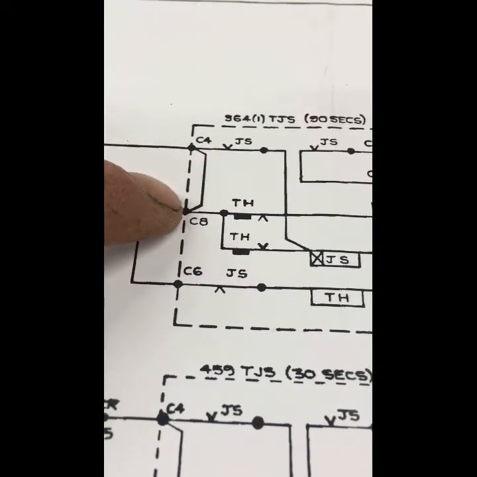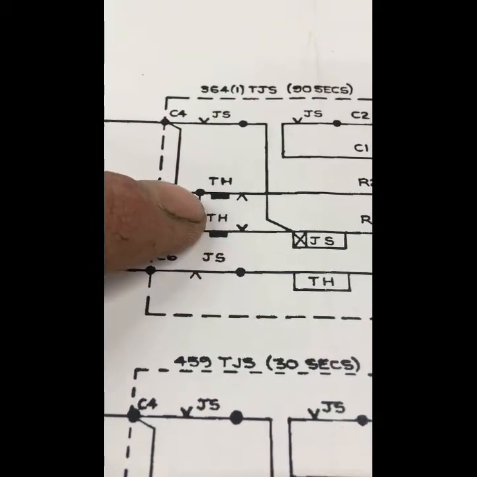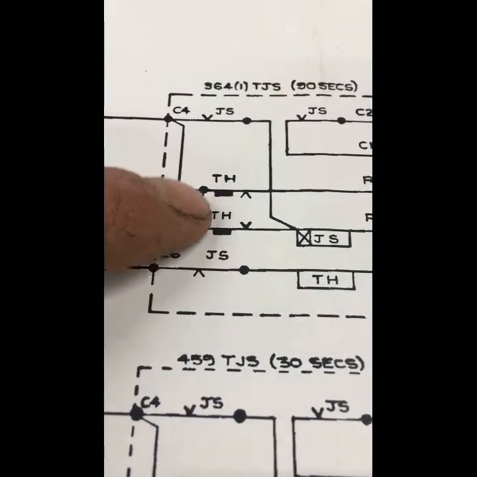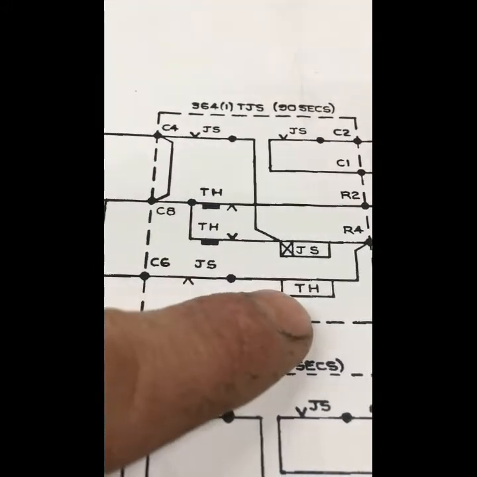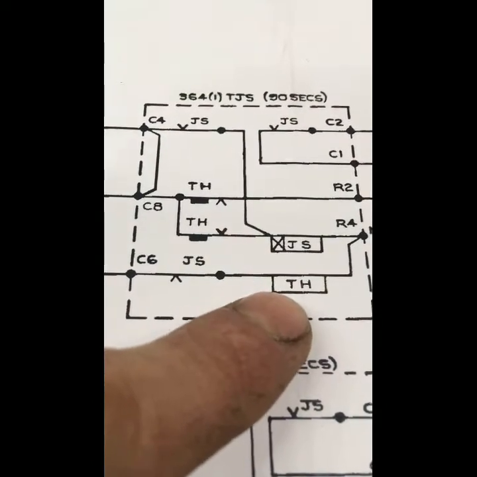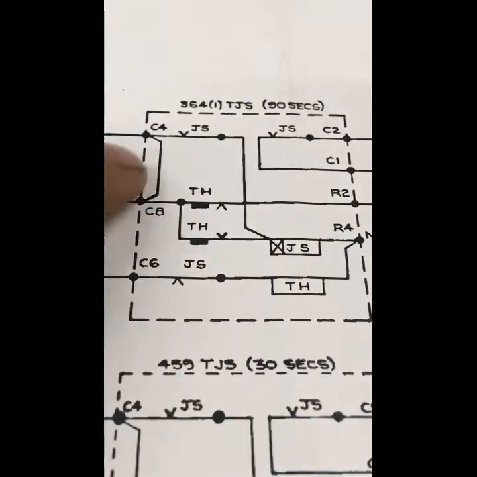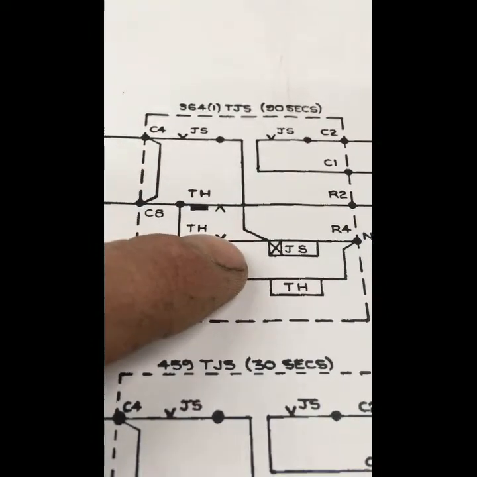As we go down, we have our thermal heater elements, basically, for the contacts. Now, at the bottom we have our thermal element itself. This is the actual part that heats up the bimetallic strip, coil around that. So, our voltage flows down. It has a choice of going through two paths here.